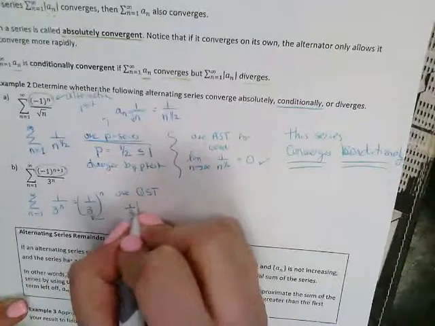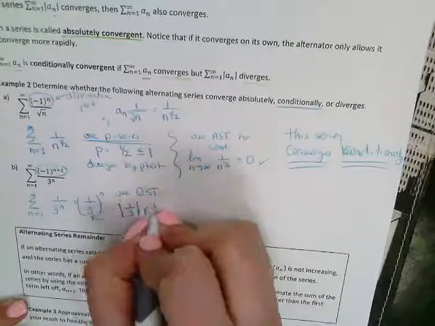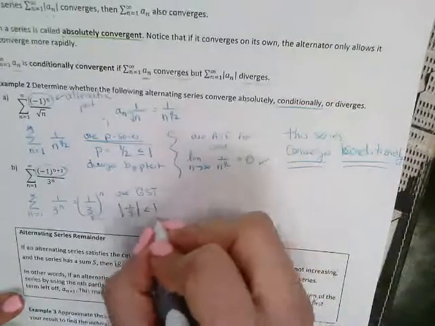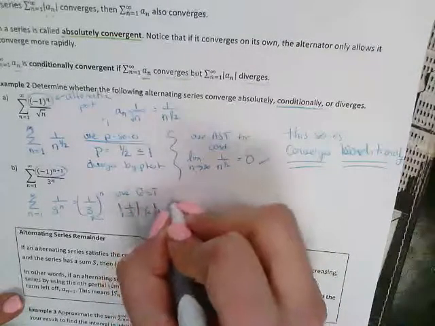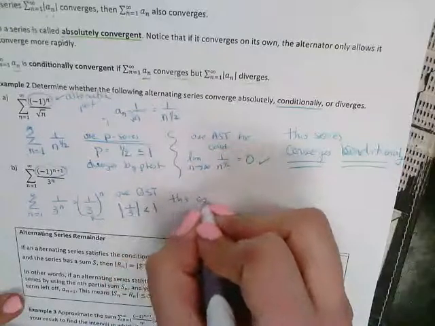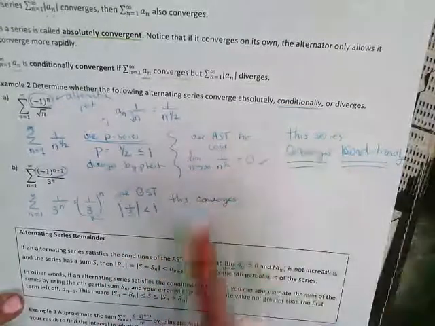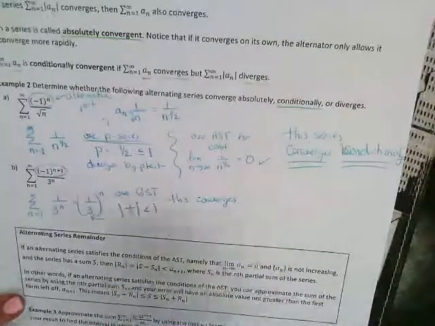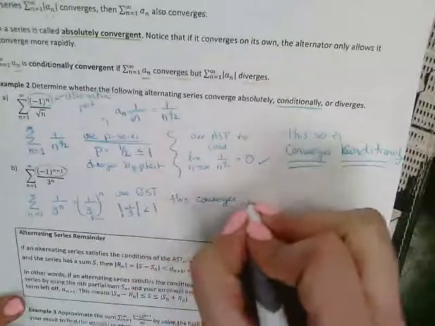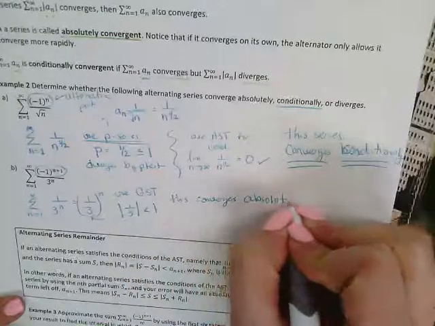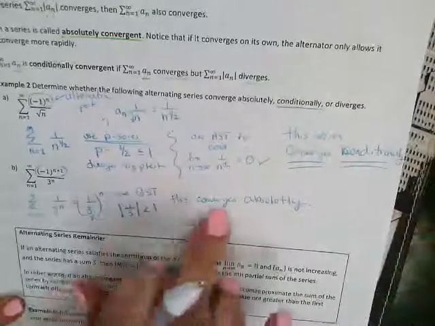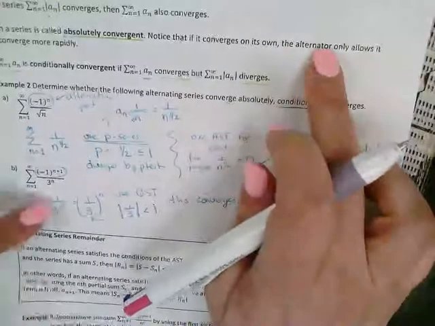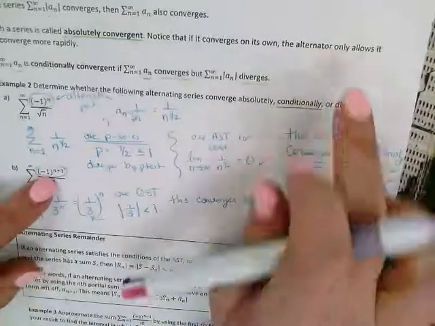And we're going to ask ourselves, is the absolute value of 1/3 less than 1? Yes, it is. So using the GST, this converges. And since it converged from the first test that we used other than the AST, we can say this converges absolutely. Because what this tells us is that if it converges using GST, the alternator, if I was to have this in here, only allows it to converge more rapidly.